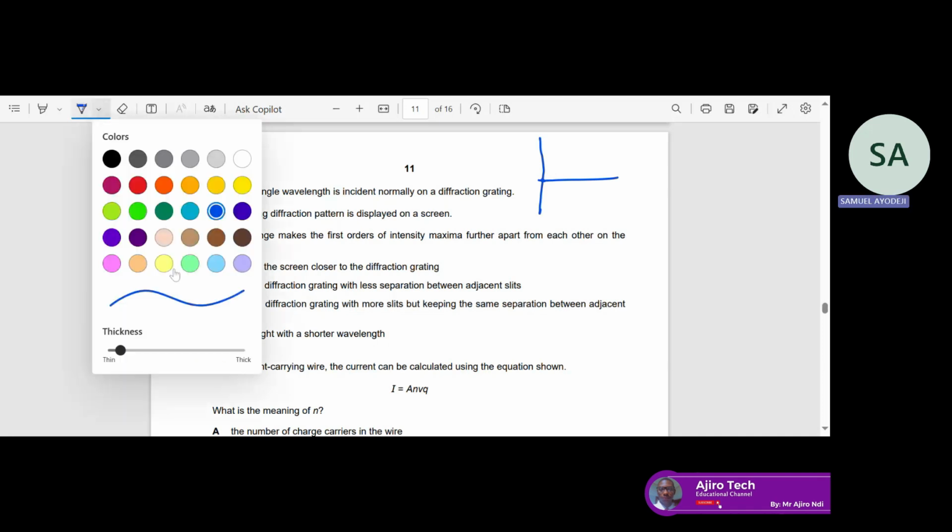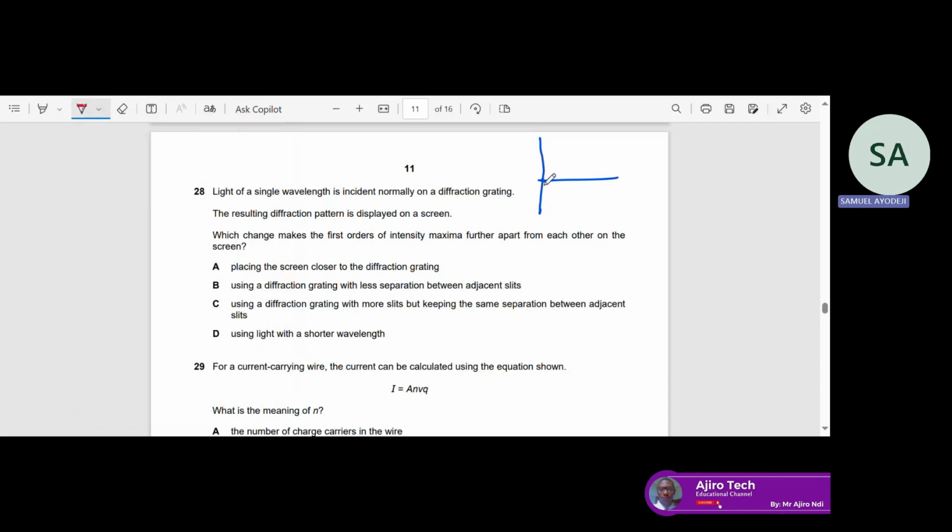You want to make it further apart, so you want to increase the angle between them. This is the first maximum. Making it further apart means this angle, the angle between them, must increase. This is the formula: d sine theta equals n lambda.